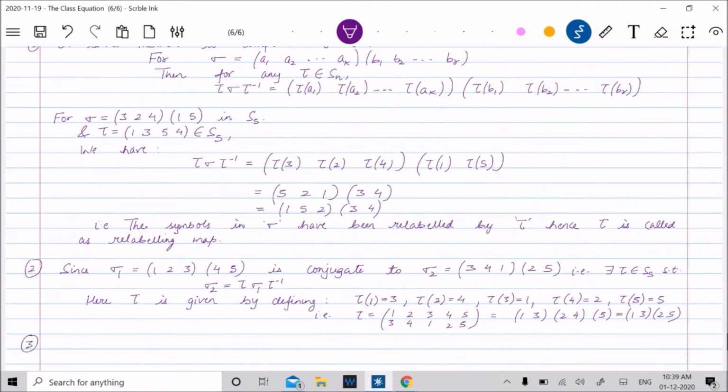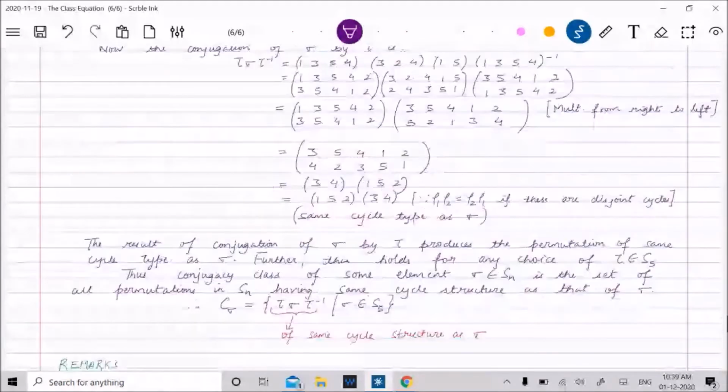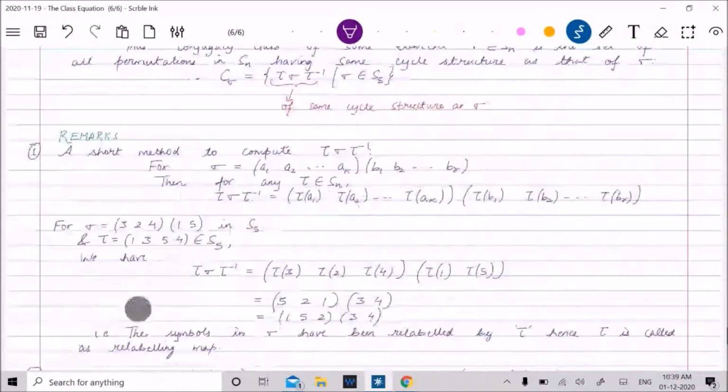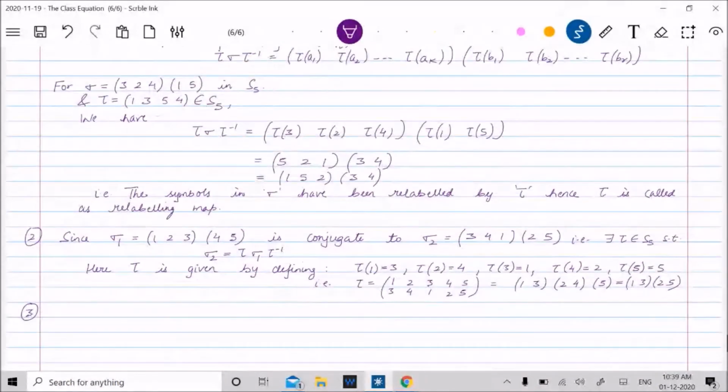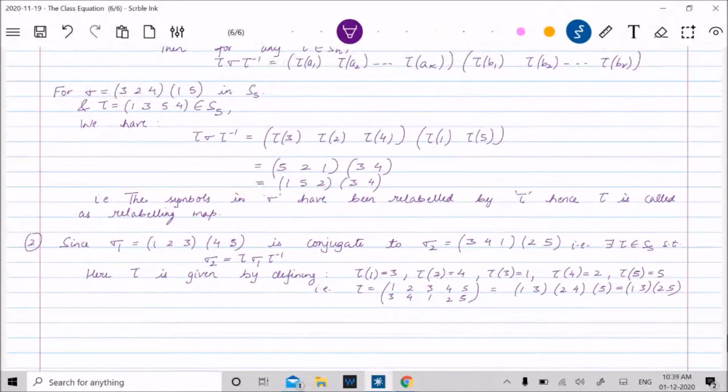Now coming to the third remark. No, there is no remark now. Should I make conjugation in SN a topic? Yeah, I can. I should make that a different topic actually, not as a remark. The title will be different, and I will write that conjugacy classes in S3.